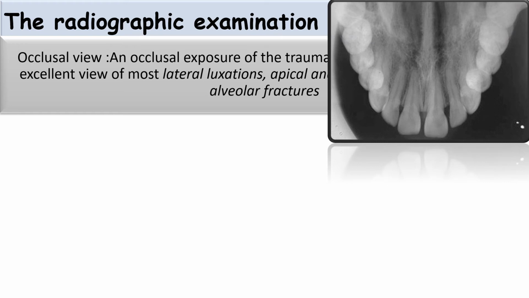Here in this occlusal exposure, if we check the central incisor and there's a fracture line, it can be easily seen, or a fracture line in the apical third. Supposing this particular tooth was luxated laterally, that would also be very comfortably visualized.